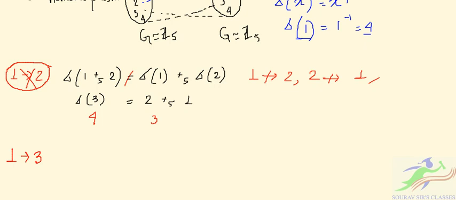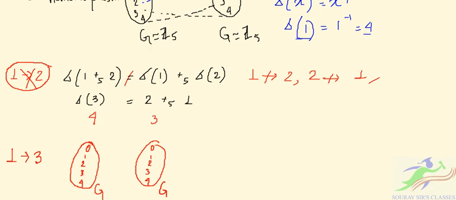Again we draw this for G, Z5: 0, 1, 2, 3, 4 and 0, 1, 2, 3, 4.